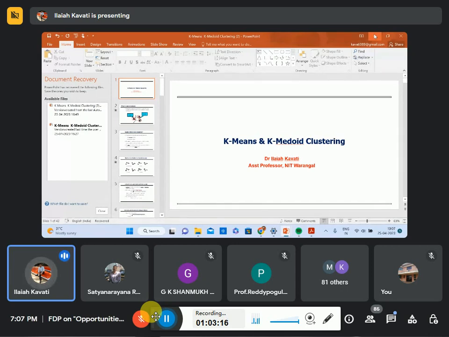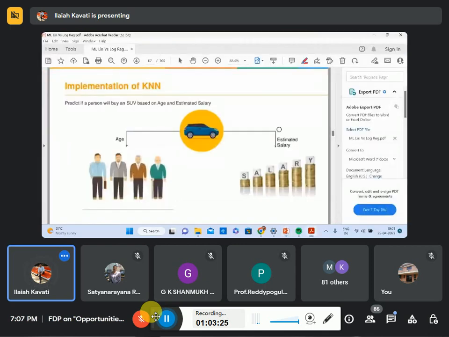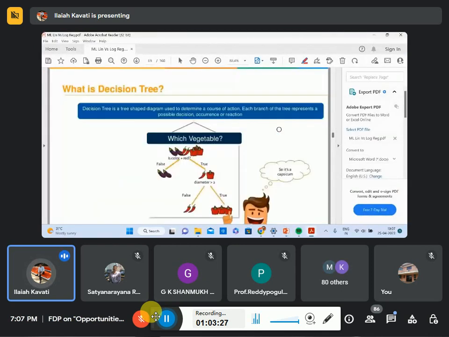But multiple classifications will also be there. Suppose you can see here, there are different types of vegetables, three types, right? One, two, three. Now it will come under three classes.